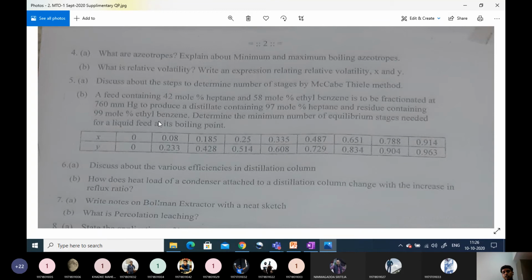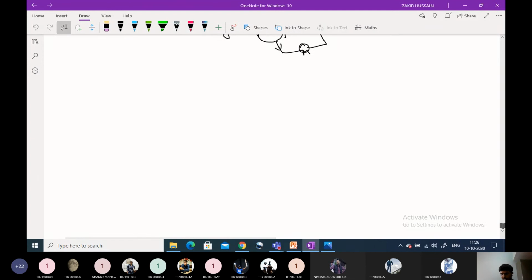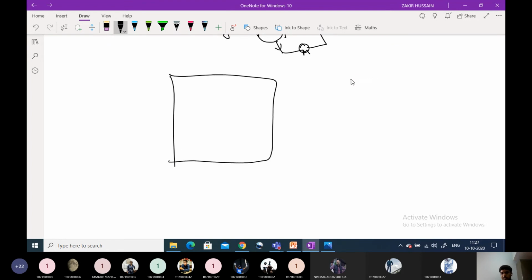Without the reflux ratio, how can you estimate the operating line for the top section, or enriching section? The first procedure for the distillation column is the McCarthy method. First we have to draw the data, they already provided this. XF they already provided, it is 0.42.